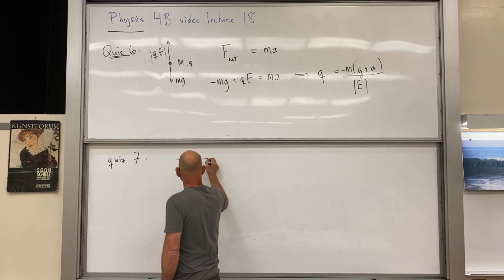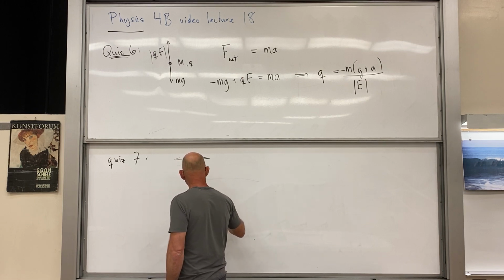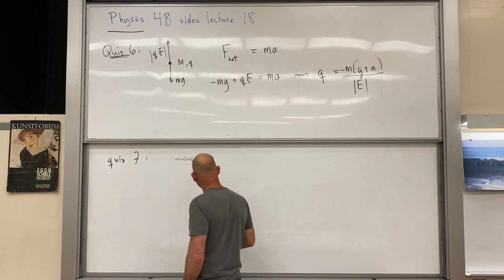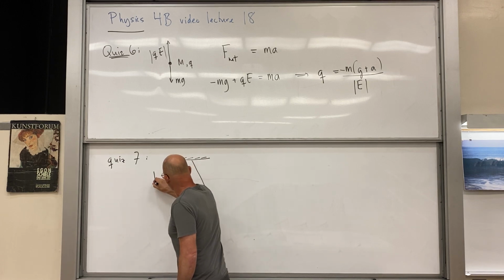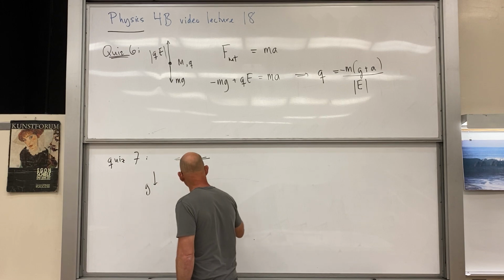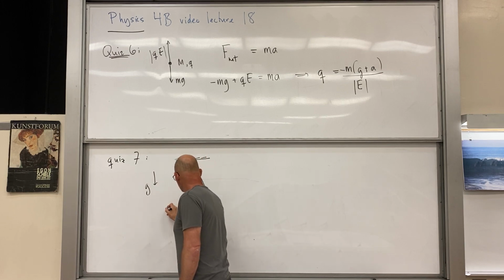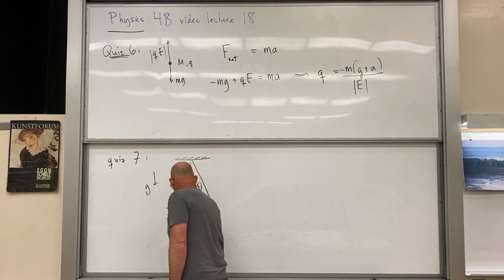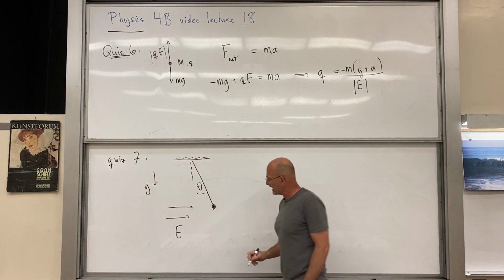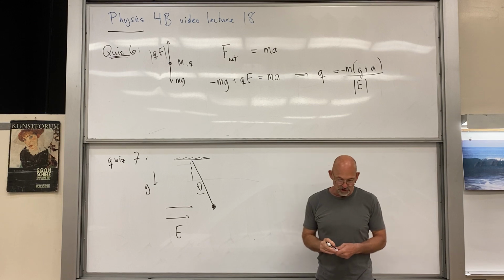And we're looking at a charged mass. I'll draw this large enough here. Charged mass, gravity is pointing down here. It's deflected at an angle because there is an electric field pointing to the right like that. That's what's providing the deflection.